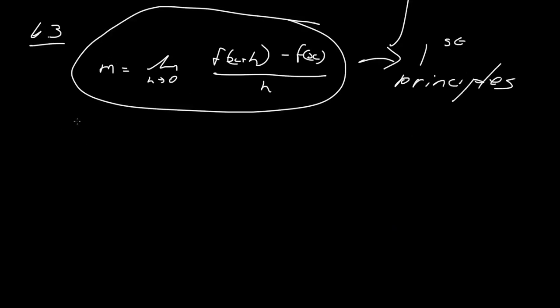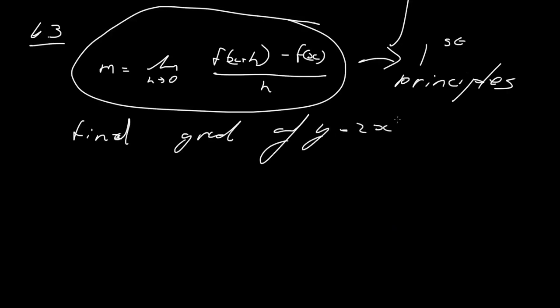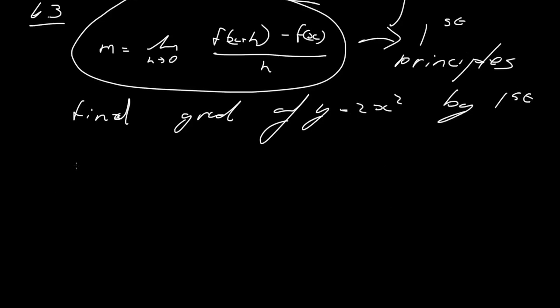So if I say find the gradient of y equals 2x squared by first principles, then we're just going to use this formula. So m equals the limit as h tends to 0 of f of x plus h minus f of x over h.